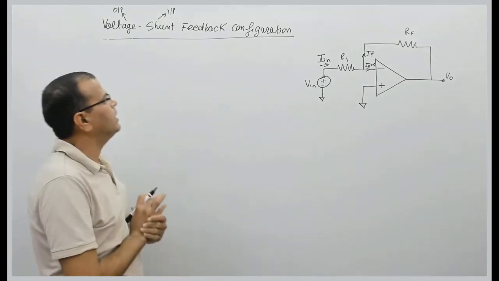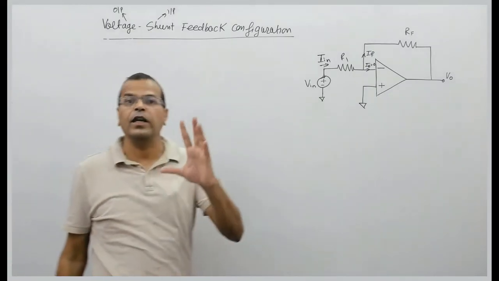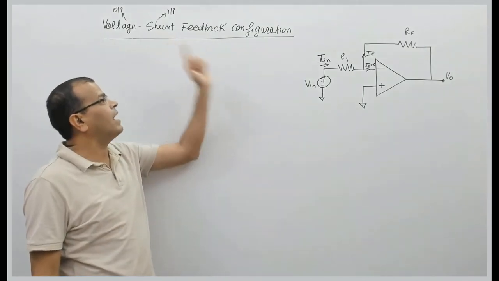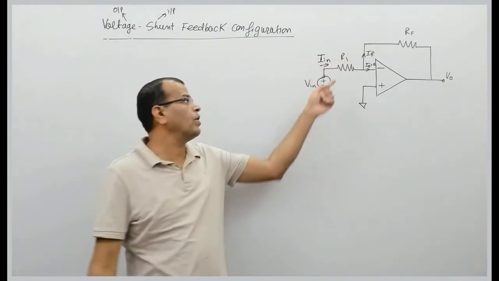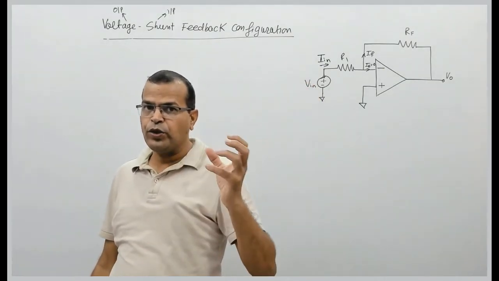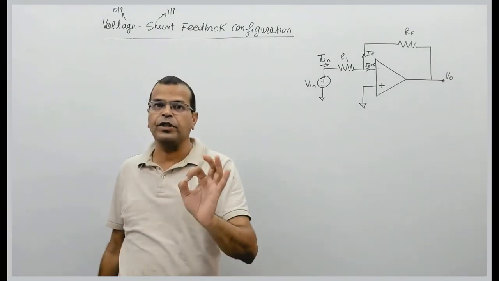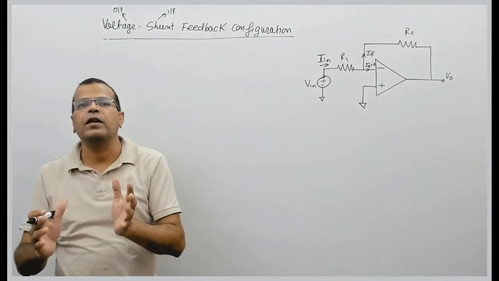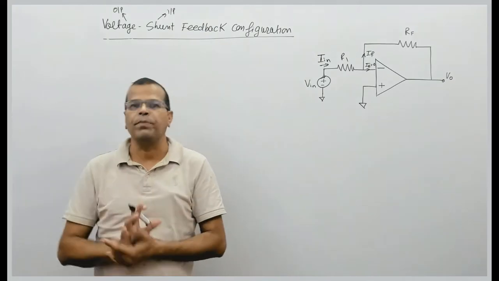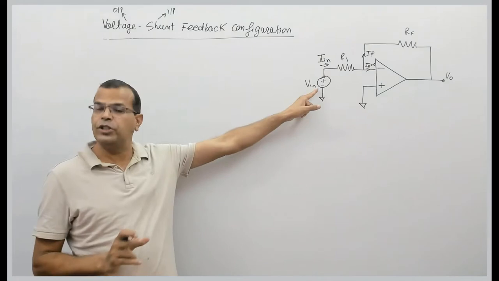But here we will not be talking about current signal as the input. In case of op-amp, we talk about voltages. So we won't be talking about current as input signal, rather we will be talking about voltage as input signal. So the approach of analysis of this voltage shunt feedback configuration will be a little different in comparison with the voltage shunt configuration of BJT based amplifiers, where we consider current as input instead of voltage as input.